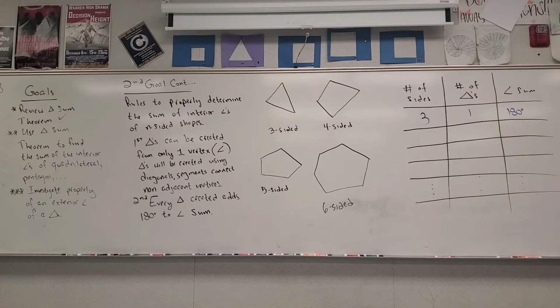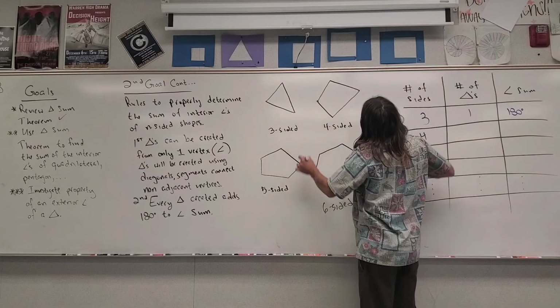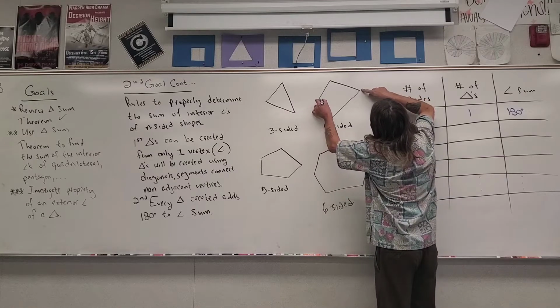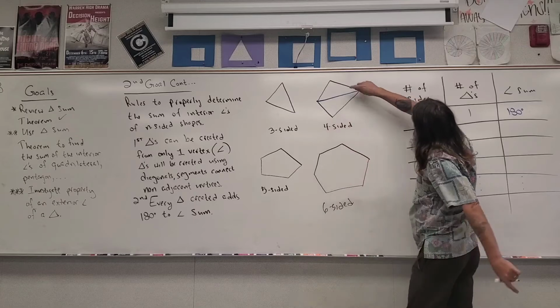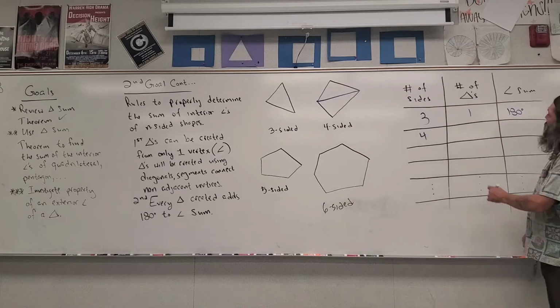Okay, let's look at our 4-sided shape. We'll start at this vertex. I can't connect to that because that's adjacent. I can connect to that because that's non-adjacent. I can't connect to that because that's adjacent. So we actually have established 2 triangles.